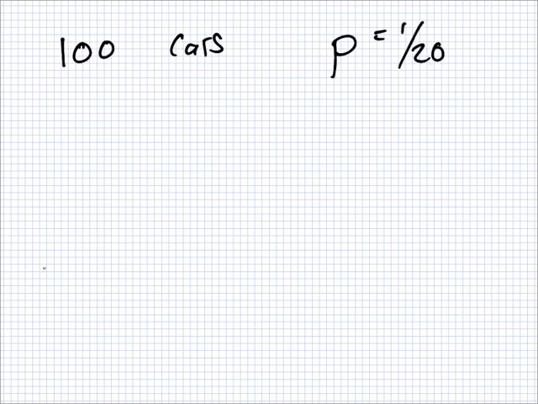Okay, last thing, and then I'll let you try some. So let's imagine we have 100 cars, and we'll say the probability that there's something wrong with the car is 1/20. So I want to know what's the expected number of broken cars.